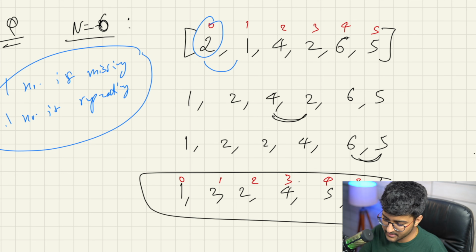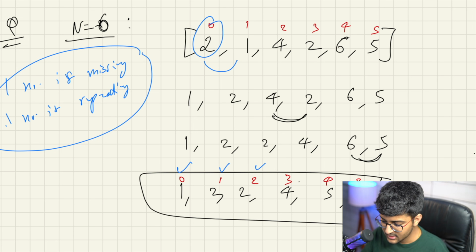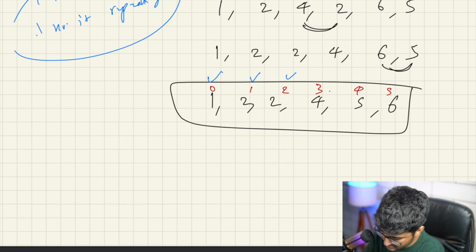So what is the one number that is missing? It's going to be where the index is wrong. Basically this is at the correct index, this is at the correct index, this is at the wrong index. So index plus 1 is the answer. So missing number is equal to what? Index plus 1.